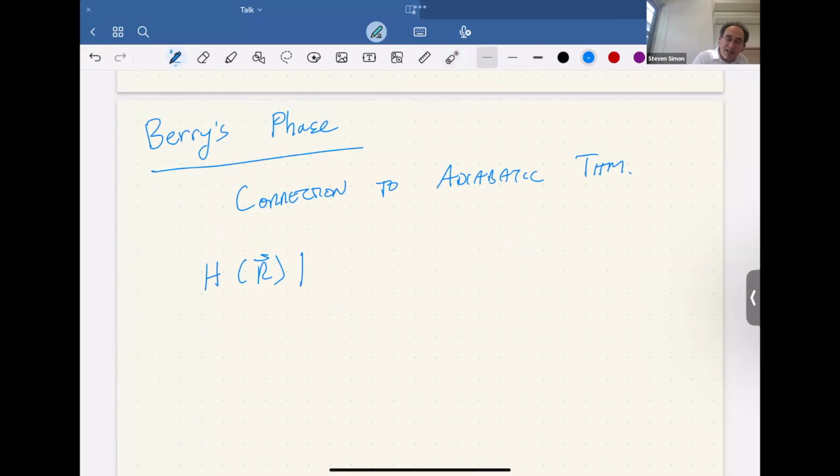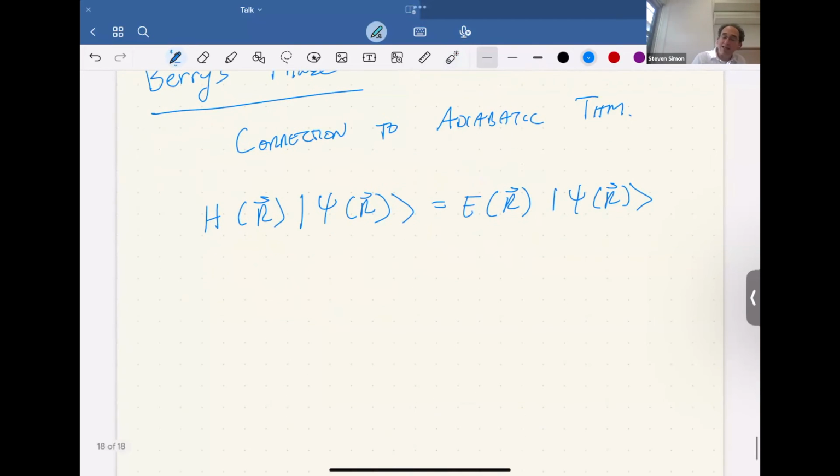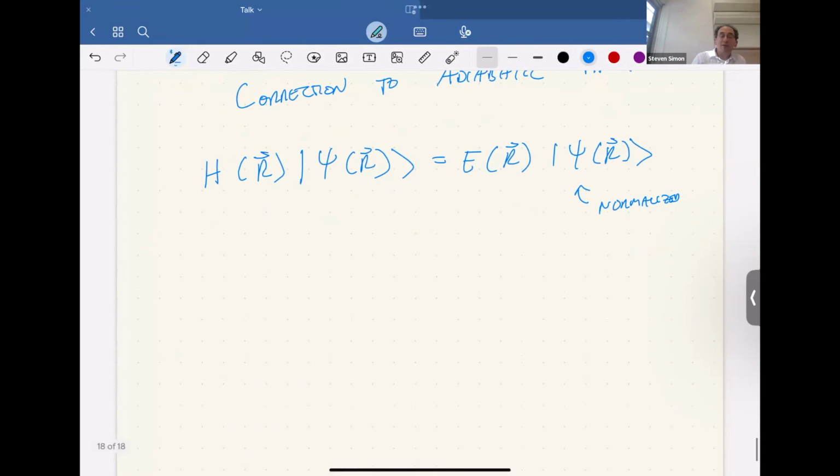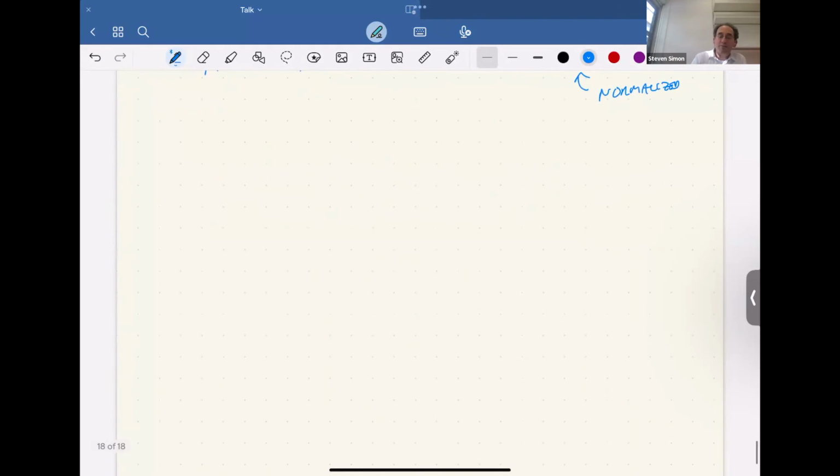Then at any fixed value of that position, you have the instantaneous eigenstate psi of R, and let's assume that these wave functions are normalized. Berry's phase is very general. It can hold for any Hamiltonian which is a function of any type of parameters.